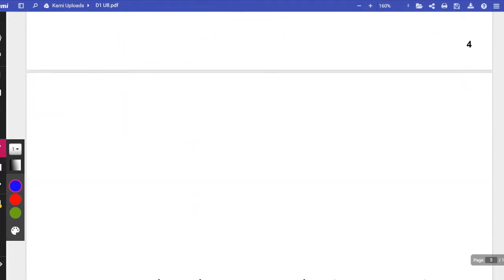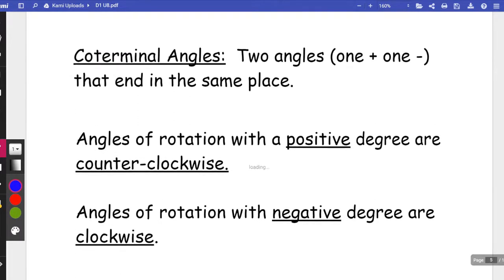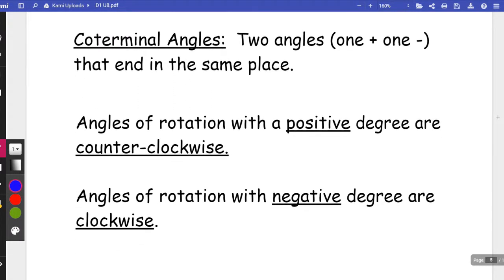So we could practice it pretty easily, but here's some vocab. Coterminal angles are two angles, usually one positive, one negative, that end in the same place. Okay, that's true. However, you could have an infinite number of coterminal angles. Because what if I added 360 degrees twice? What if I added it 3 times on my angle or on my graph here?